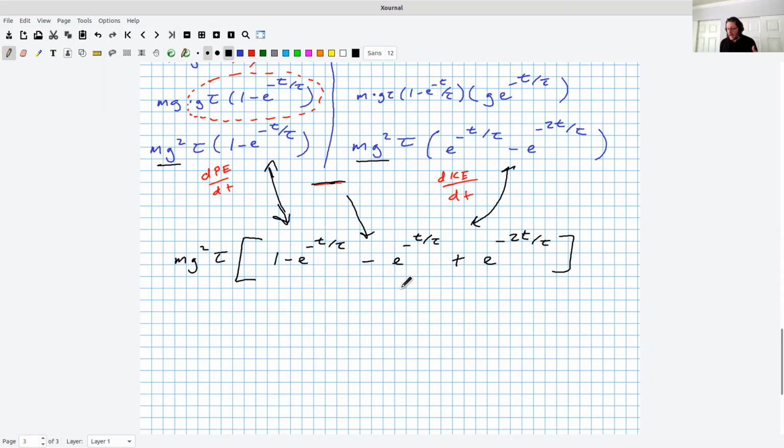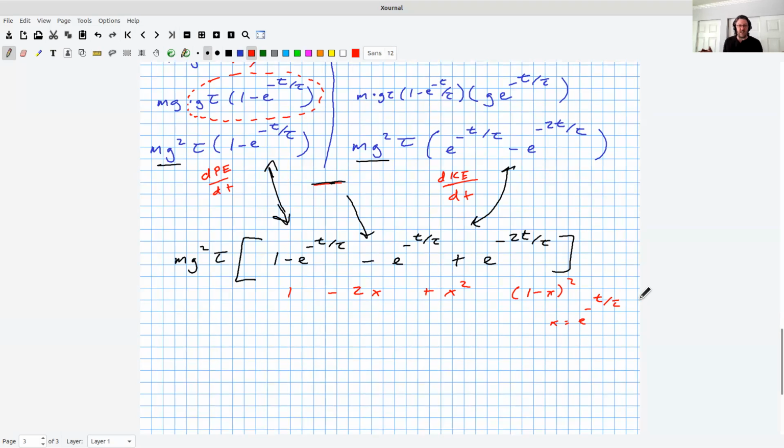Okay. Now I'm going to look at this and see if there's any way I can simplify it, because I've got a bunch of different exponential factors there. And I notice this is of the form 1 minus 2x plus x squared. I've got two things that are the same and one thing that is squared. So that suggests (1 minus x) squared as a factored form, if x equals e to the minus t over tau.